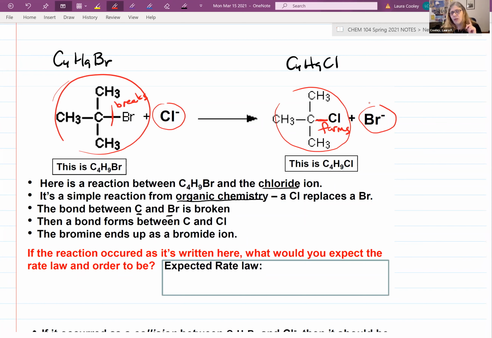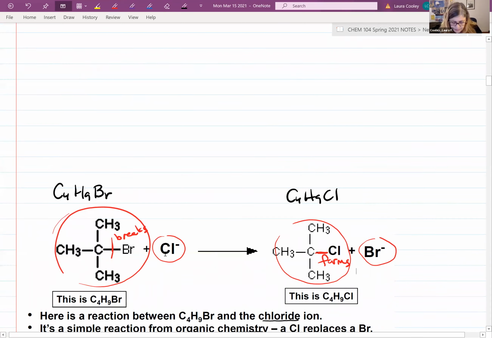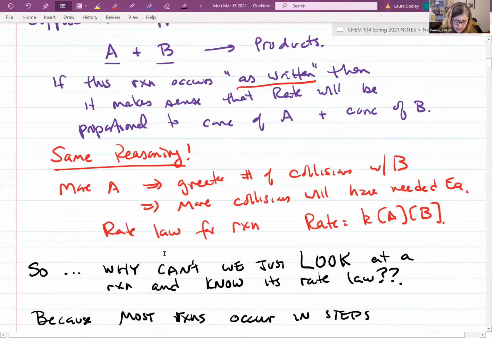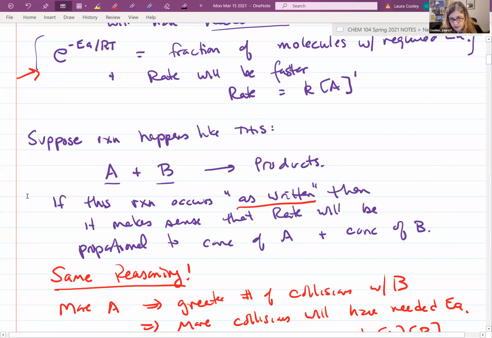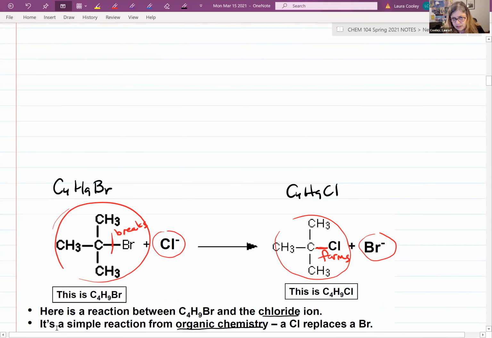So remember I said if a reaction occurs as written, and I did the A plus B example. Let me show you. Let me go back here. If this reaction, A plus B goes to products, happens as written, then it's first order in A and it's going to be first order in B. So now this is really the same type of reaction.